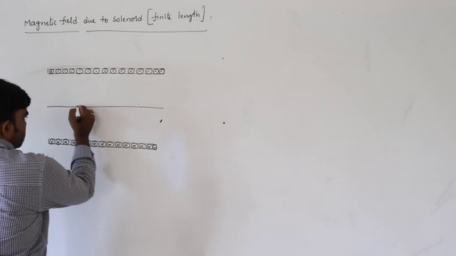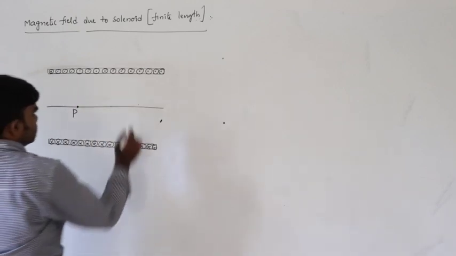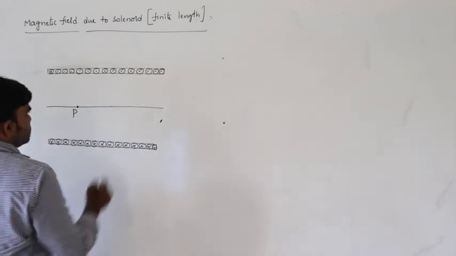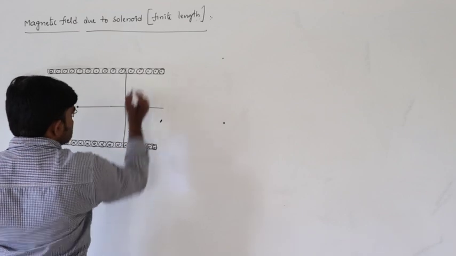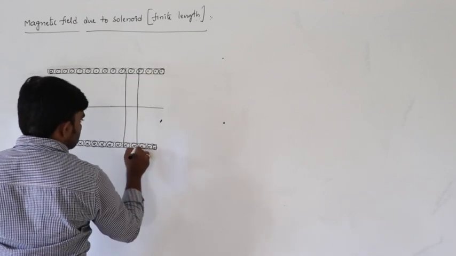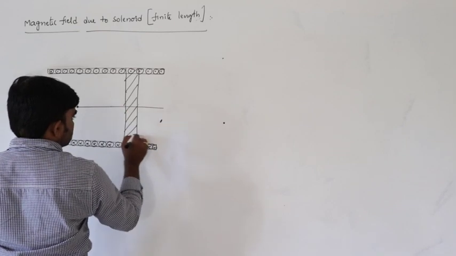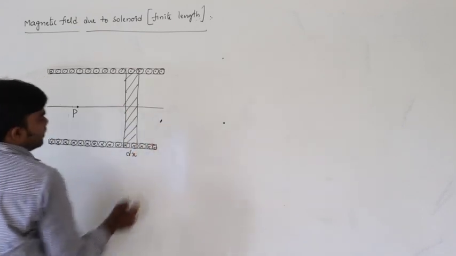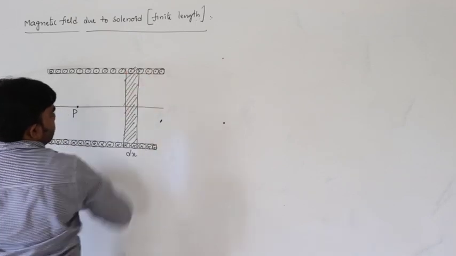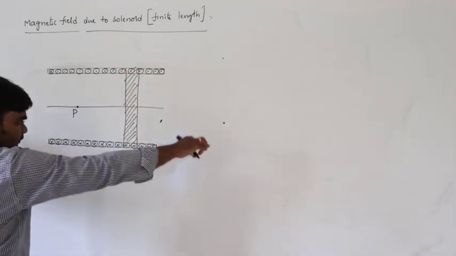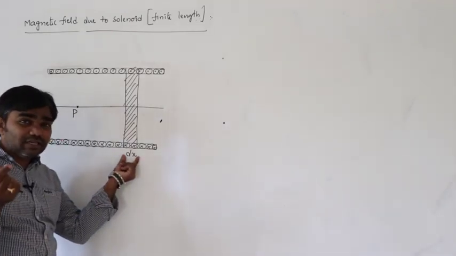I am not considering the center. Let us say this is the point P. At point P we have to calculate. For that purpose, I am considering a small thickness dx. The total length of the solenoid is L. In that length, I am considering the small thickness dx.